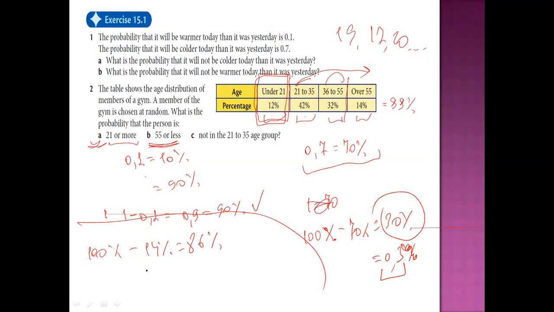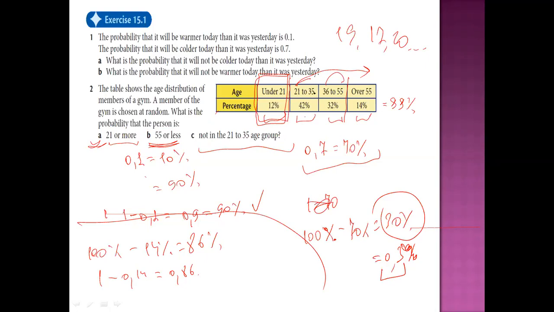Or if you want it in decimal form, 1 minus 0.14 is equal to 0.86.